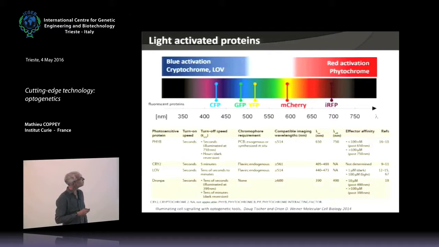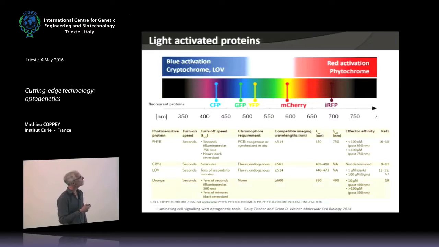One of the problems with optogenetics is that you need light to activate the system, so they are light sensitive, which means that if you want to combine activation and observation with a fluorescent protein, you cannot observe in the channel where you are going to activate. So there is a problem of jamming of wavelengths.